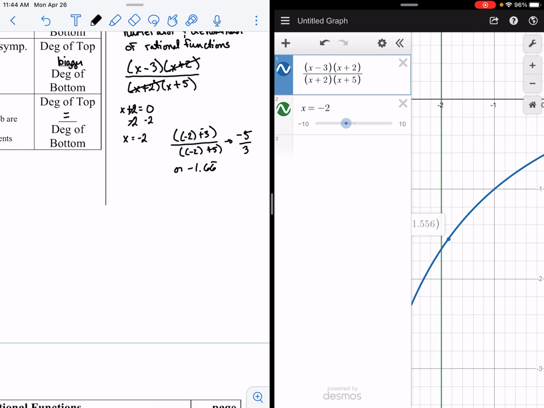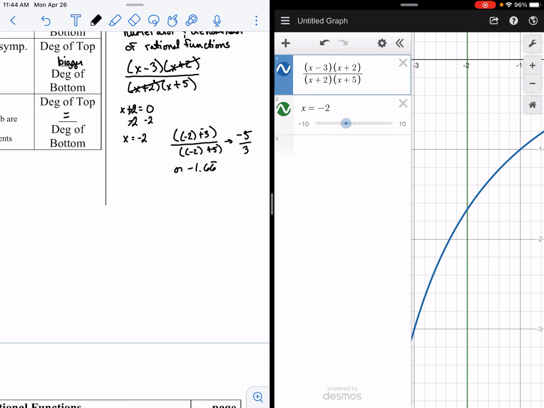Watch what happens as I approach this negative 2. See that? I have a hole. And if you look, where it says negative 2, undefined, it's an open dot.